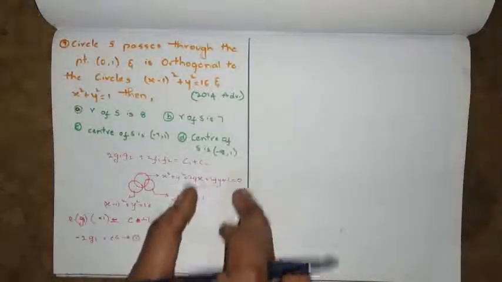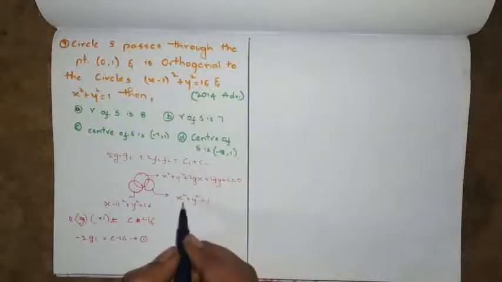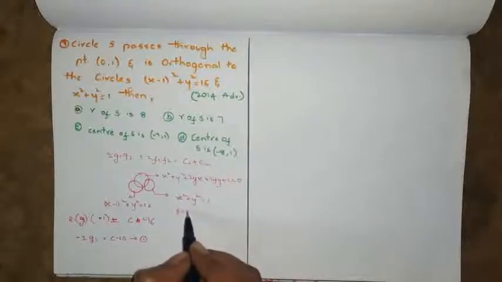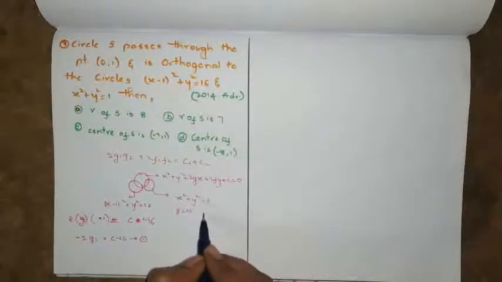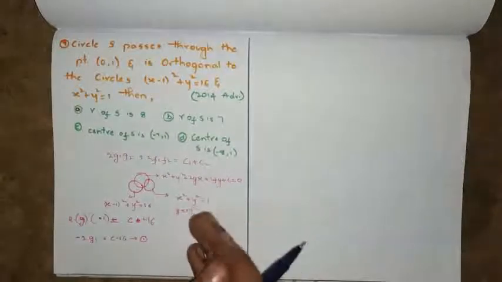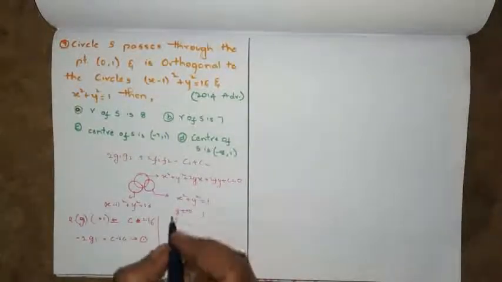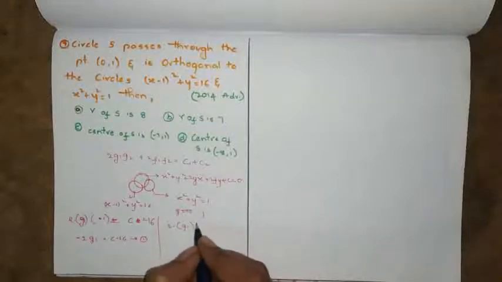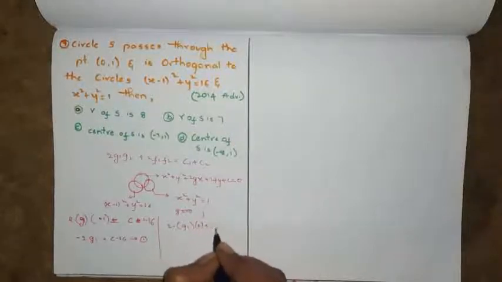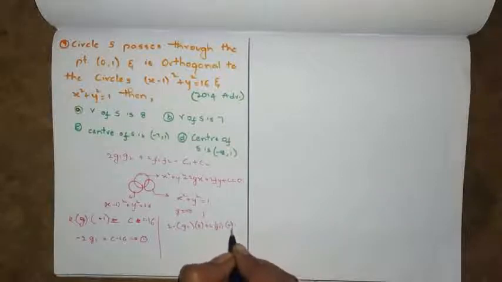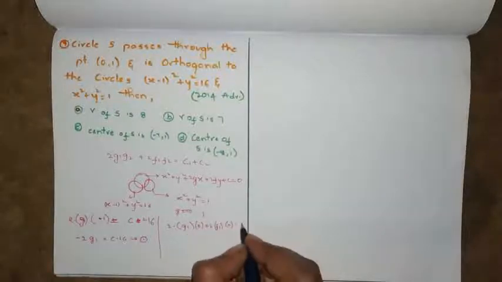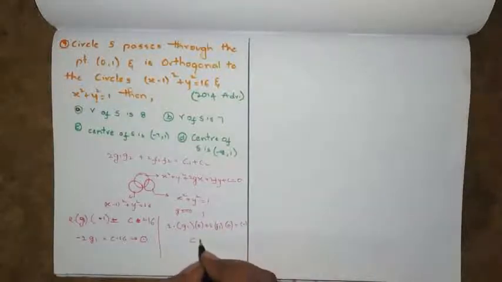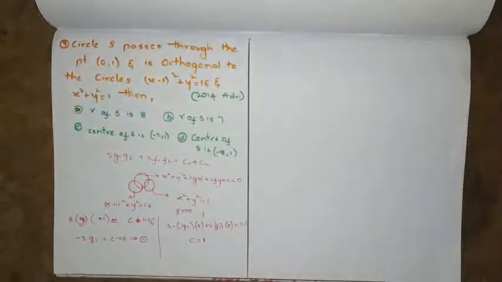Compare this also. Then you will get that x square, g1 here, g2 is 0 and here, okay, whatever the center will be 0, right? So 2 into g1 into 0 plus 2 into f1 into 0 will be c minus 1, and I can see that c is 1.